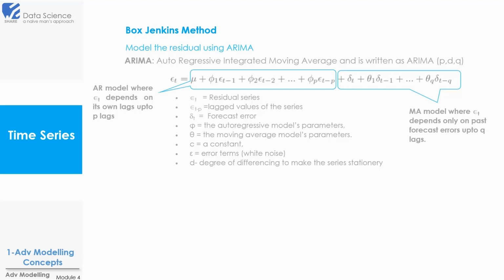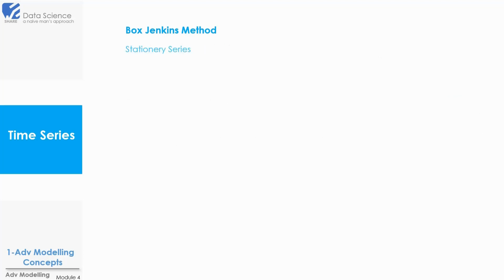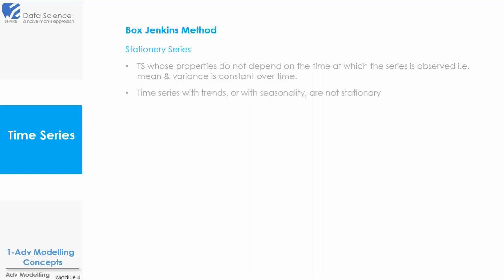So now let's see what a stationary series is. It is a time series whose properties do not depend on the time at which the series is observed. Basically, the mean and variance are constant over time for this series. Any time series with trends or with seasonality is not a stationary series. In general, a stationary time series will have no predictable pattern in the long term.